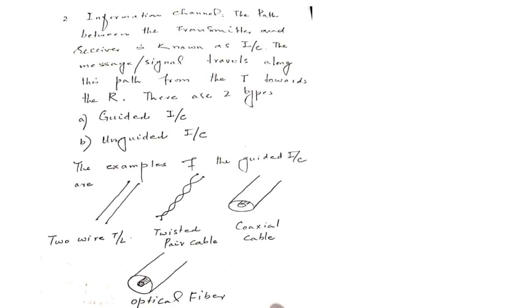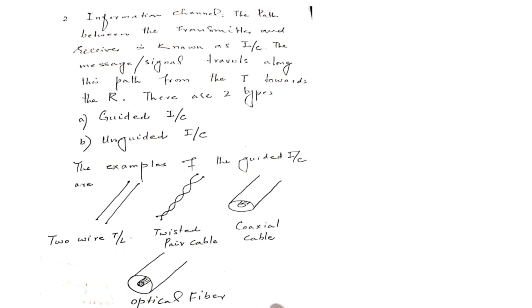Now we talk about the information channel. We have already discussed the information channel in the previous class. Information channel is the medium or the path between the transmitter and the receiver. The electromagnetic signal travels from the transmitter towards the receiver in this information channel.